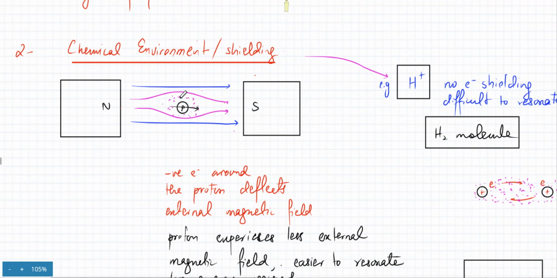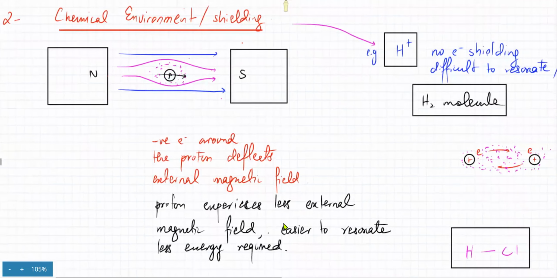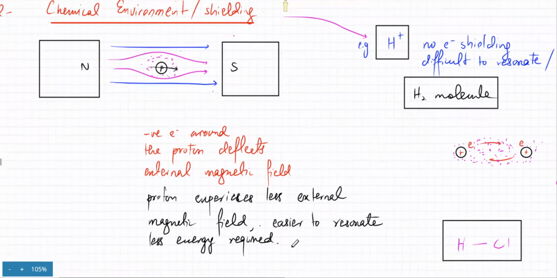If the electron is completely surrounding this proton, there would be a lot of shielding, and the proton would not be experiencing a very strong magnetic field because most of the magnetic field would get deflected by the electron surrounding it. So the proton experiences less magnetic field, and it would be easier to resonate, and a smaller frequency would be required because it won't need that much energy.